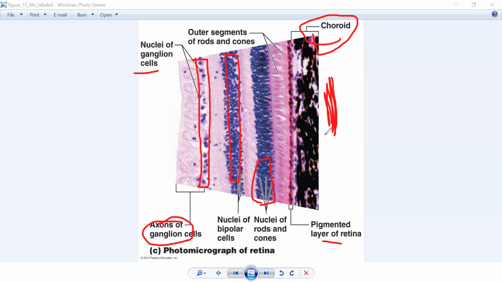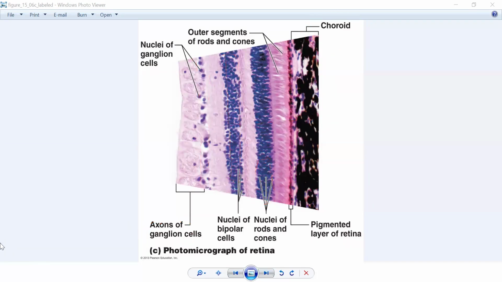Just to let you know, things that give the appearance of black don't refract light, they absorb it. So any light that doesn't stimulate the photoreceptors here will get absorbed by the choroid. Other organisms that see very well in the dark have a choroid that looks more teal in color instead of black.